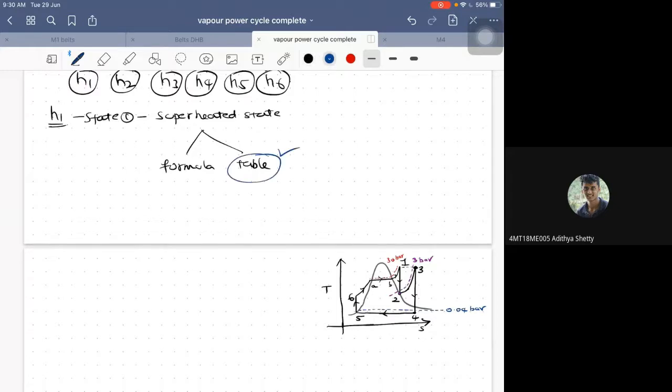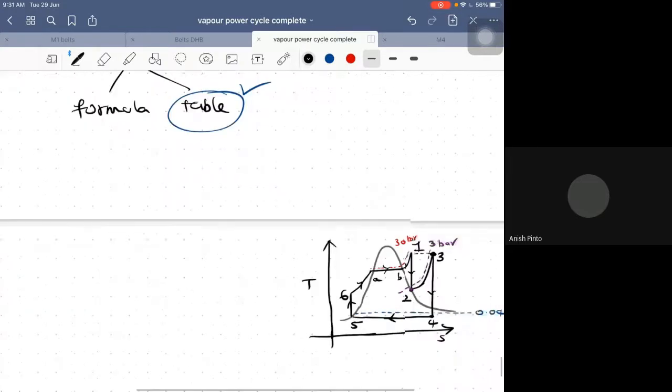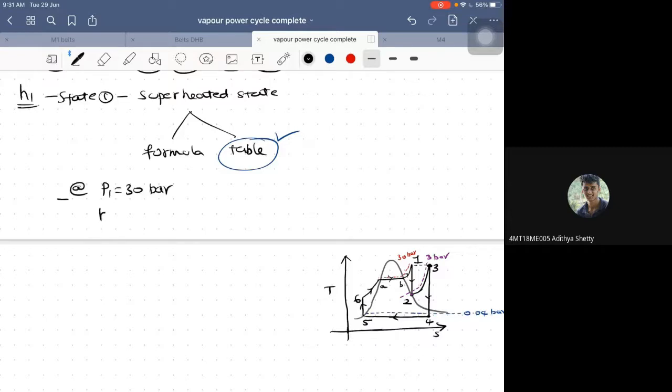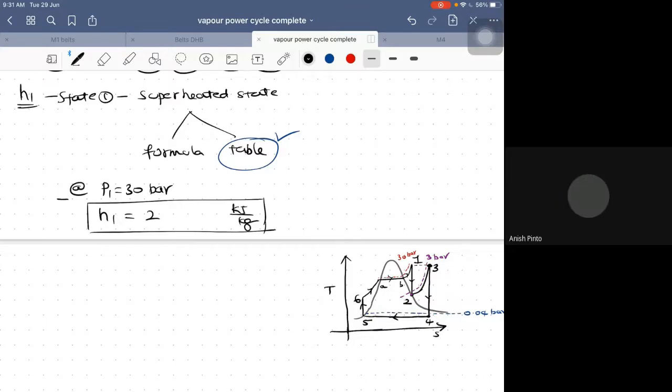Go for the superheated tables. At what pressure should I look? State 1 pressure is 30 bar. Very good. So P1 is 30 bar. At P1 equal to 30 bar, what is the value of H1 directly from the steam tables? 2854.8.